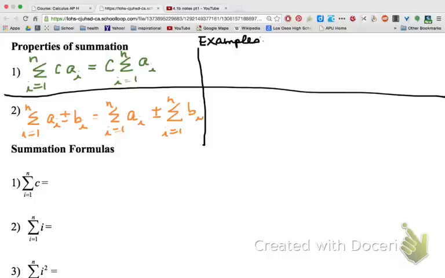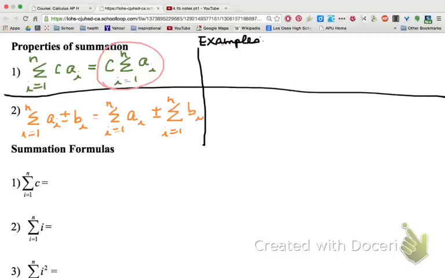Okay, so some properties about summing are these rules that I've written over here on the left, and I'm going to give you some examples. So let's say, I'm going to work off of this side first, that my series that I was adding, we'll put the 2 out in front. Actually, let's do this.